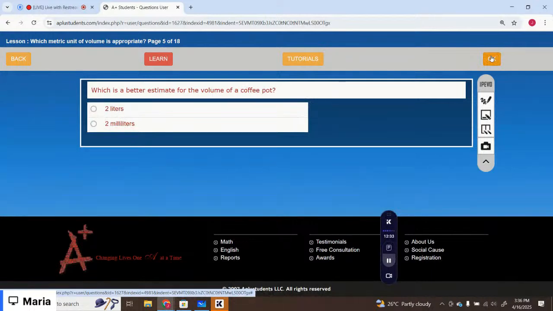Which is the better estimate for the volume of a coffee pot? Coffee pot must be 2 liters. Option number 1 is the correct option.